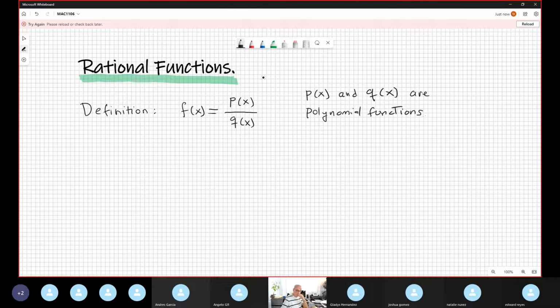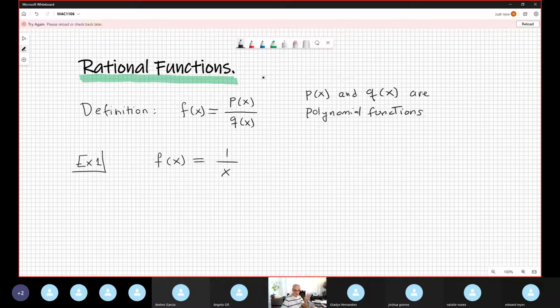Okay, let's see example 1. I bring a typical example; you see a new situation. Suppose the function is f of x equals 1 over x. Wow, this is a rational function, yes.